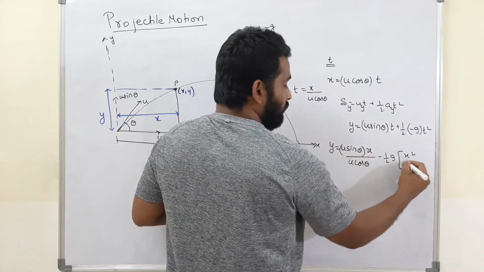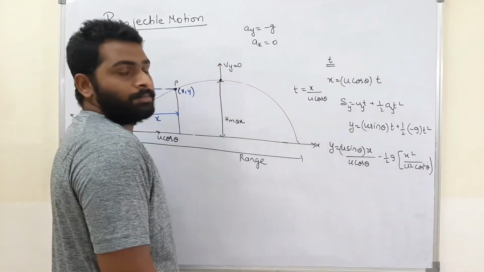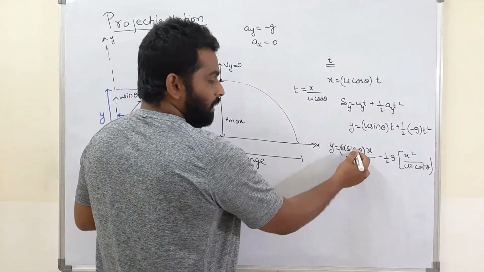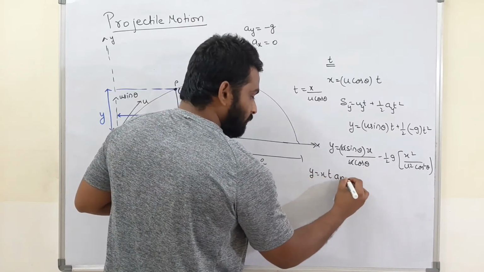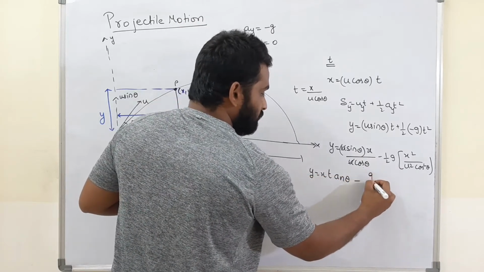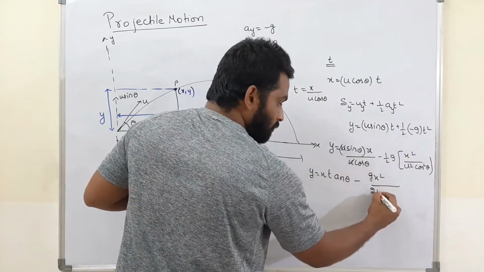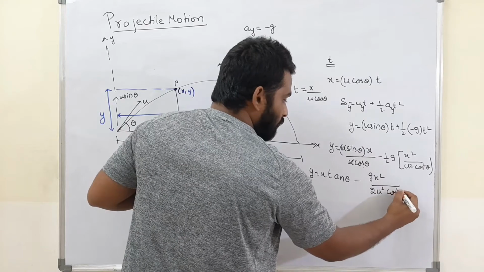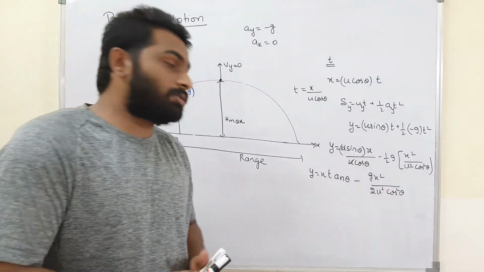Therefore, x square by u square cos square theta. Therefore, finally, what will you get? u cancelled off, sin by cos is tan. Therefore, y is equal to x tan theta minus g x square by 2u square cos square theta. That is the equation of the trajectory.